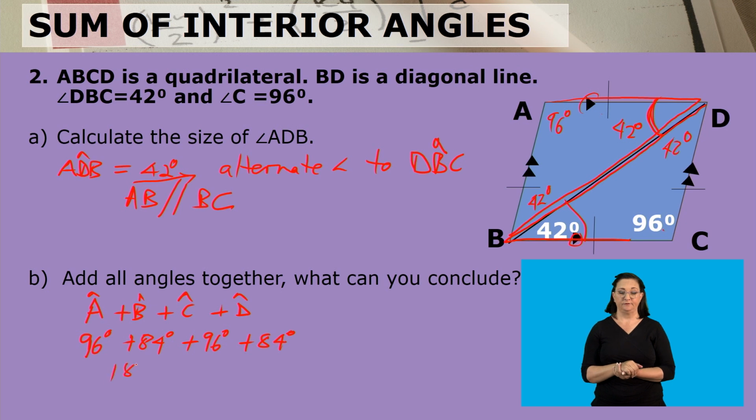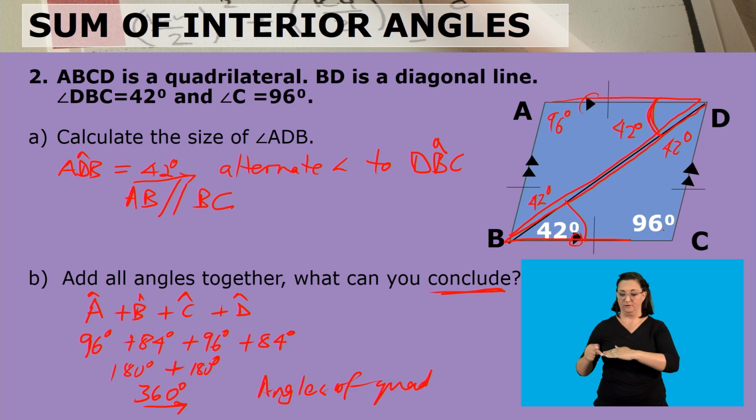So it would be 180 plus 180, which gives us 360. So when we add angles A, B, C, and D, which are all the angles of a quadrilateral, we get 360.